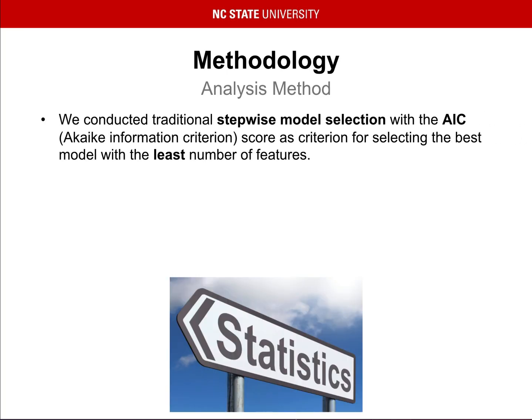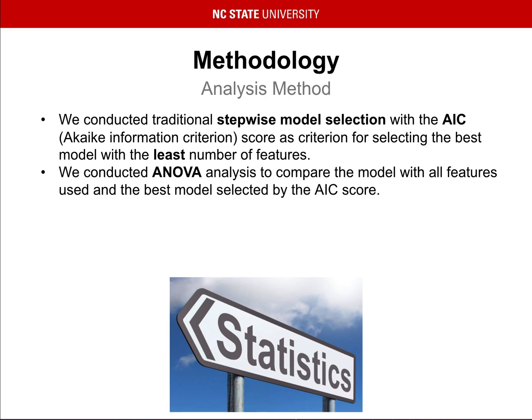After fitting the six logistic regression models, we conducted traditional stepwise model selection with the AIC score as a criterion for selecting the best model with the least number of features. We conducted an ANOVA analysis to compare the model with all features used and the best model selected by the AIC score.